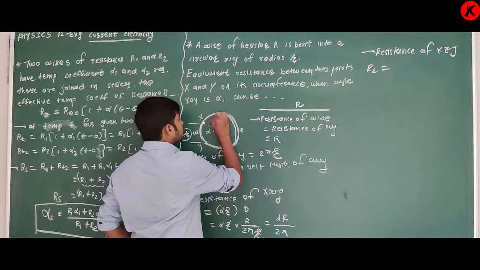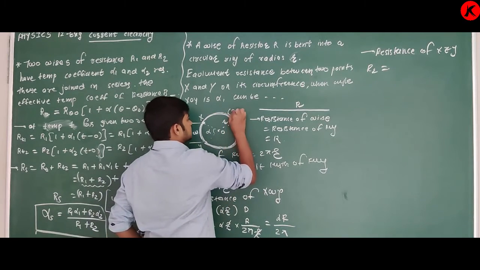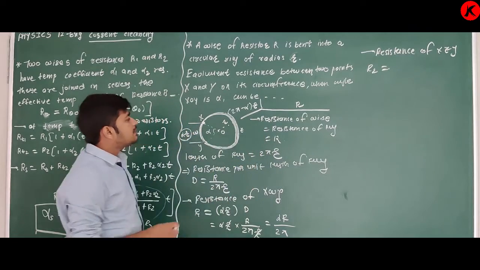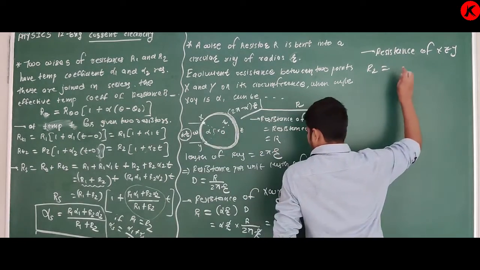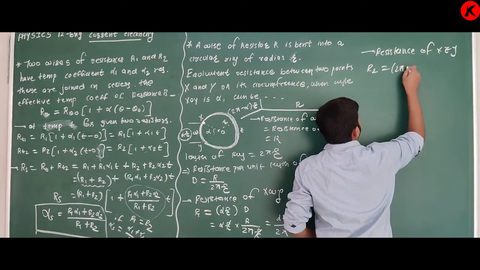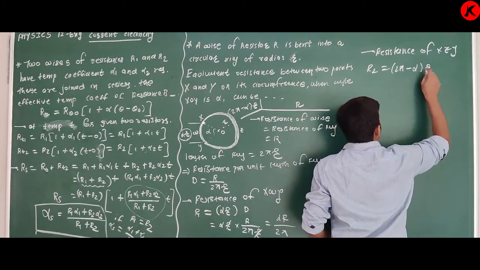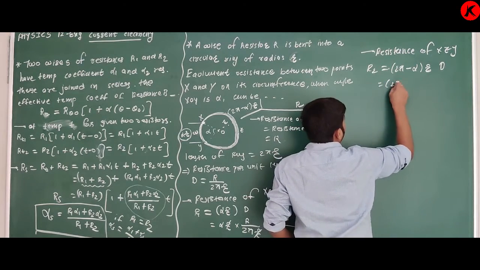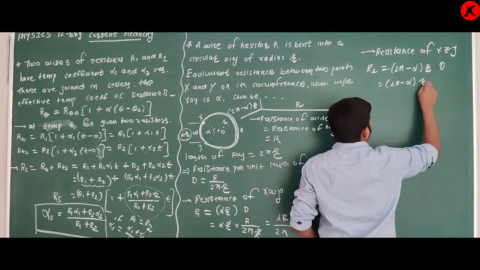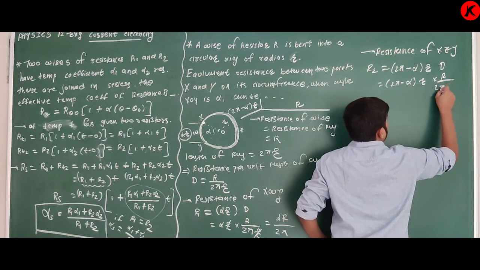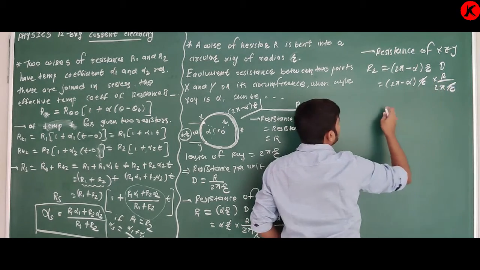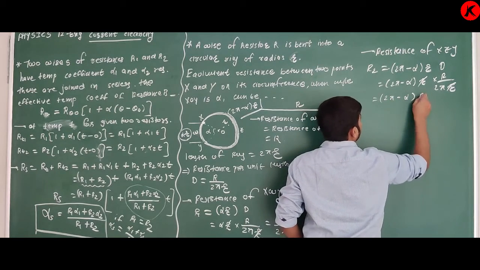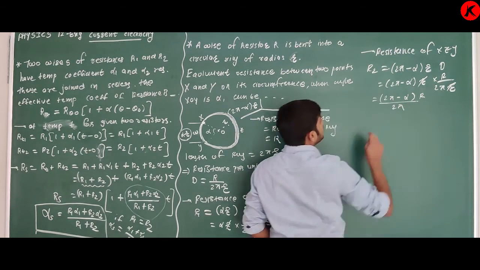So its length is 2 pi minus alpha into R, and into D, which is R upon 2 pi R. So R2 is equal to 2 pi minus alpha into R divided by 2 pi.